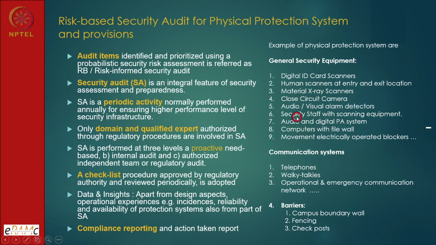Again, human factor, I consider the most important factor here. Audio and digital PA system, computers with firewalls, electrically operated blockers. This is cyber security. Communication systems, telephone, walkie-talkie operation system, and there are many advanced systems which are there.